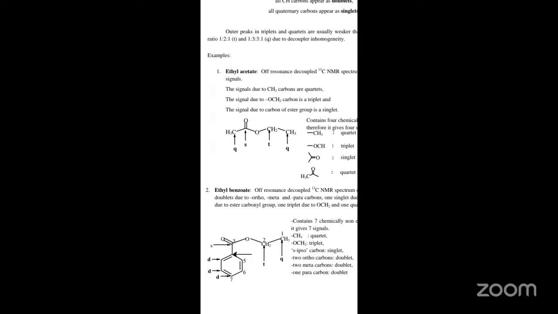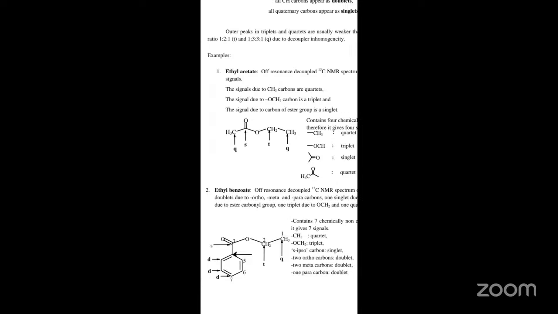And this particular ester carbonyl carbon appears as a singlet because there are no protons attached to that carbonyl carbon here. Then this CH2 appears as a triplet because the carbon is directly attached with two hydrogens here.